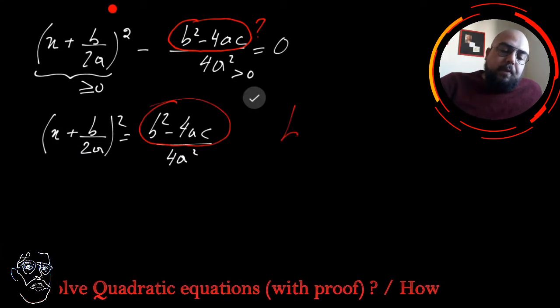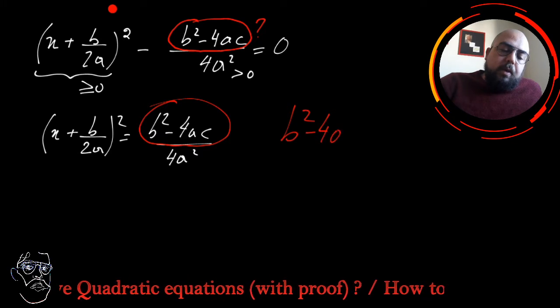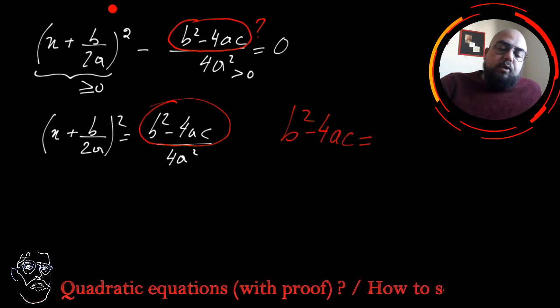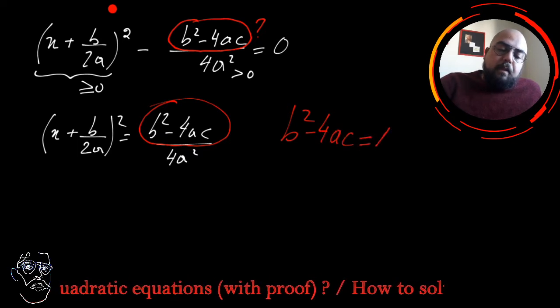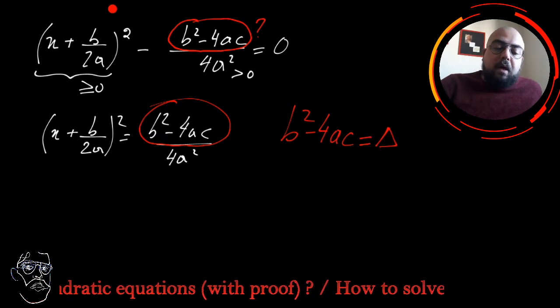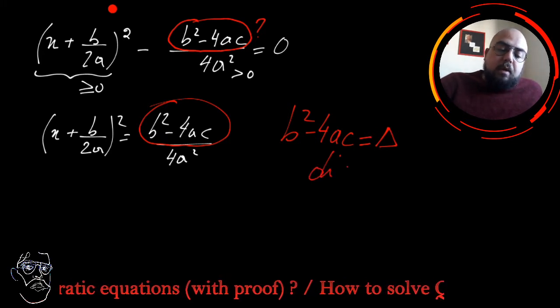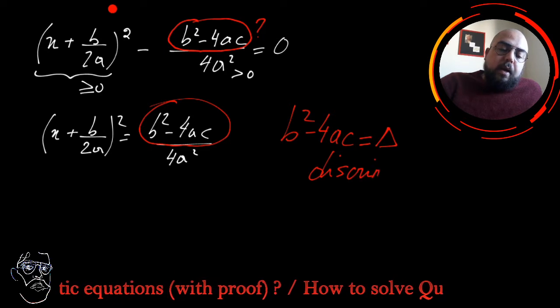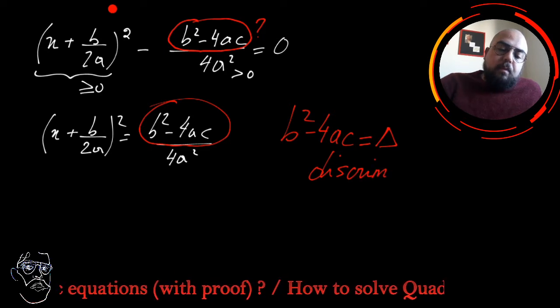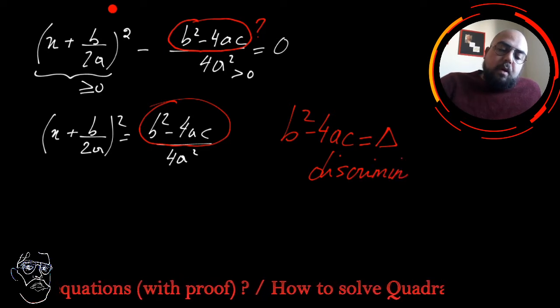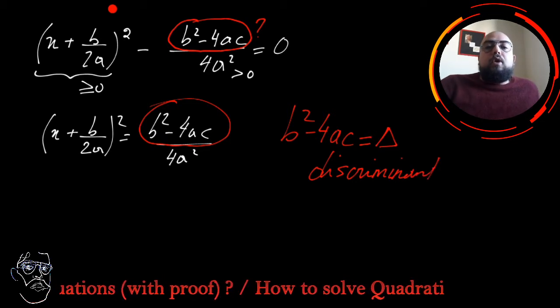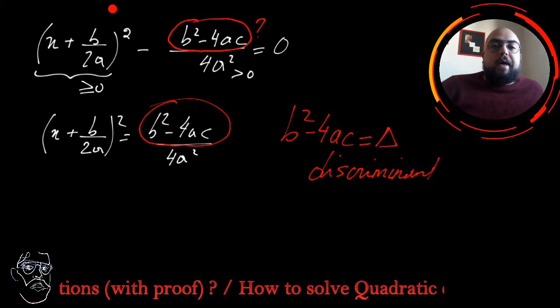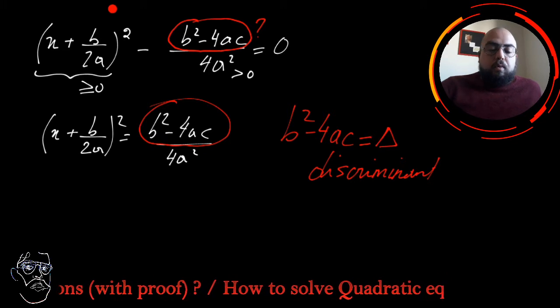Now b² − 4ac is equal to a certain entity called delta, which is the discriminant. It's delta which will help me find out if my equation has real roots or not.